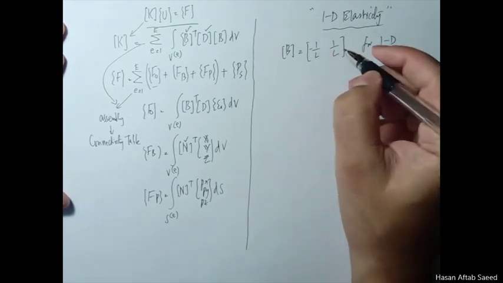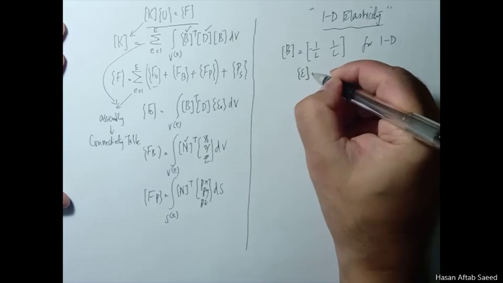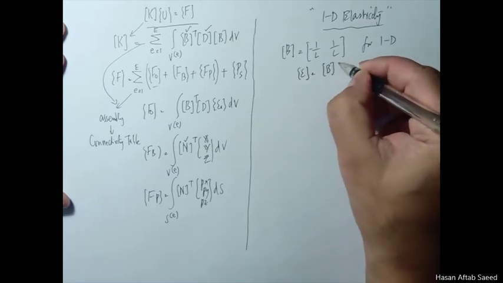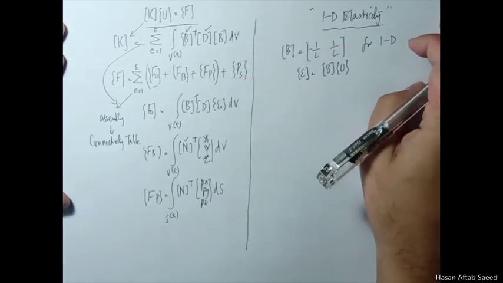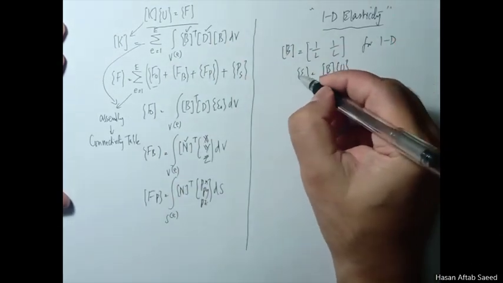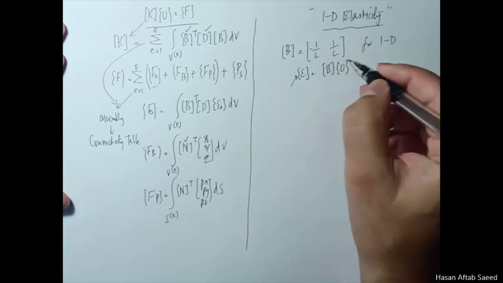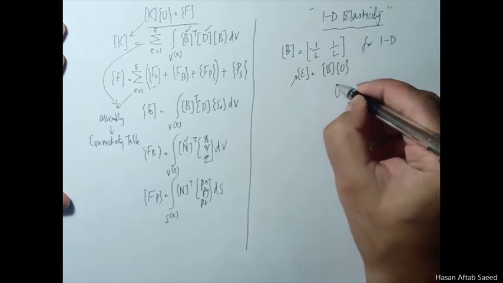And what is this B matrix? Just to remind you, this is a link between the nodal displacements and the strain vector. Now for 1D, there's no need for these parentheses because this is not a vector at all.